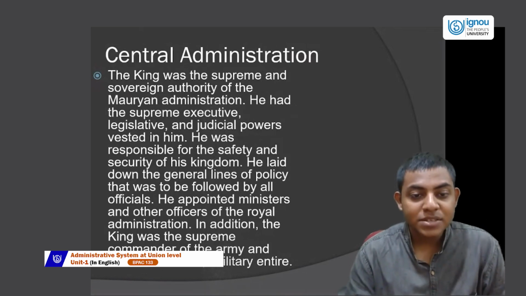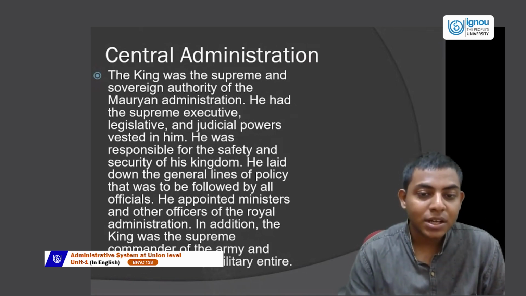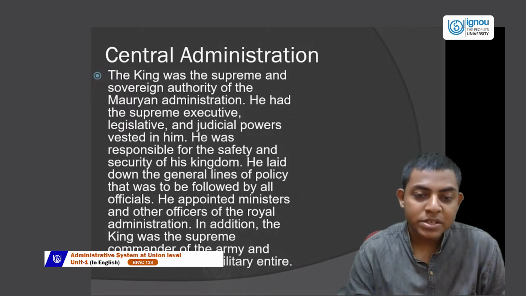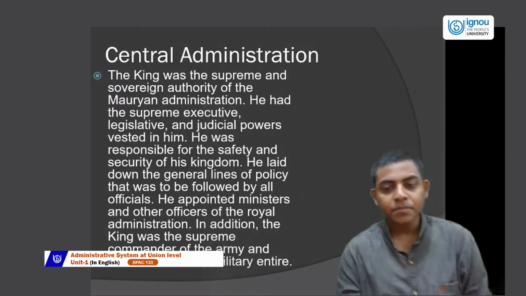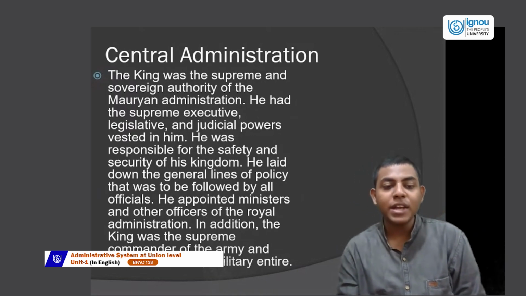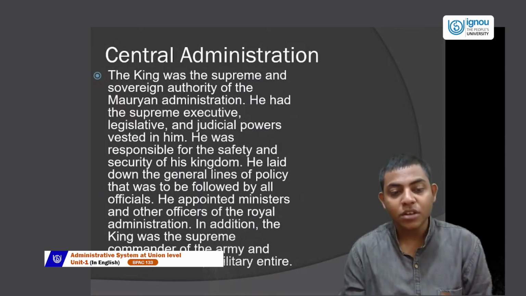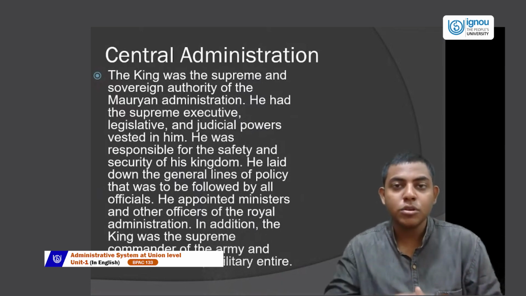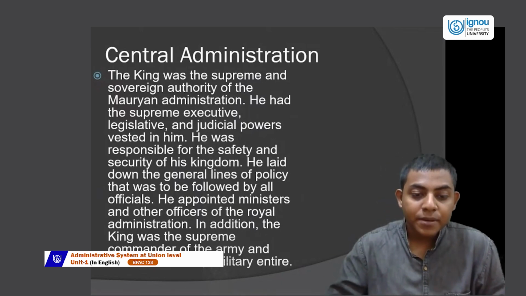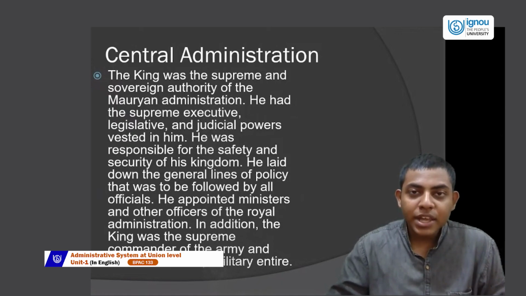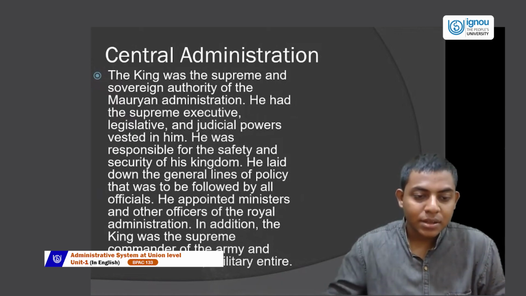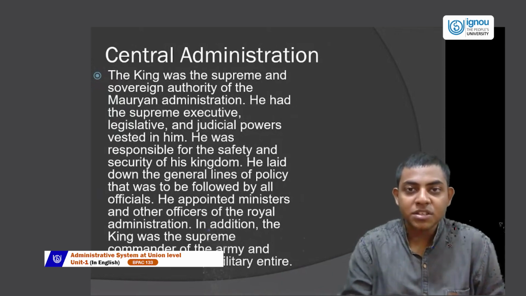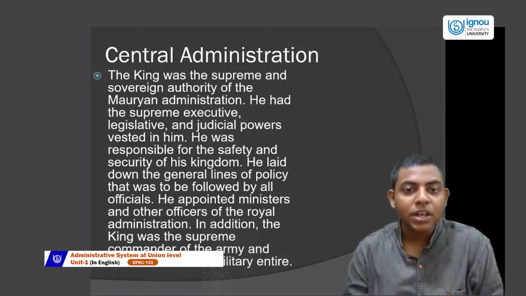The king himself was responsible for the safety and security of his kingdom. It was the king only who laid down the general lines of policy that was to be followed by all the officials, and it was the king only who appointed the ministers as well as the other officers of the royal administration. So everything was centralized around the king.